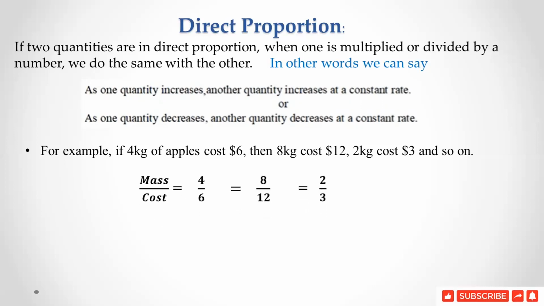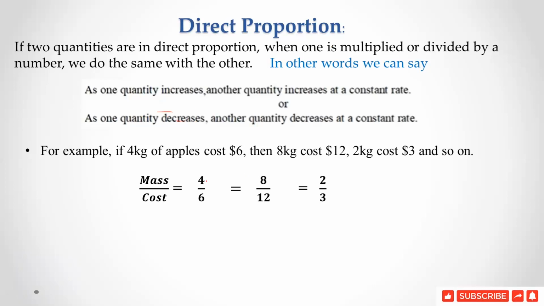Here you can check mass over cost: the ratio between mass and cost is 4 by 6, then 8 by 12 and 2 by 3. We check whether these fractions are equivalent fractions or not.